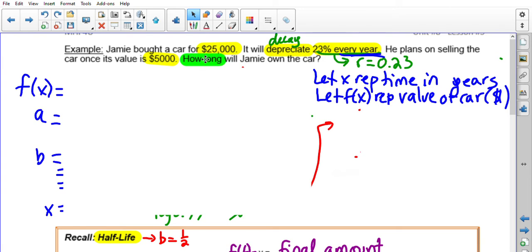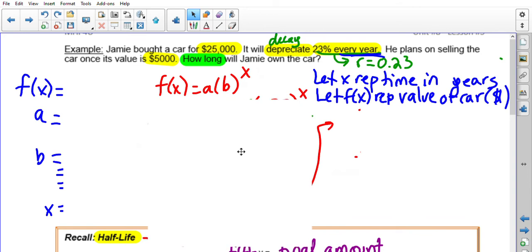In this case, we know we're going to have to deal with f of x equals a times b to the x. Make sure you give a "let" statement. So let's let x represent time in years.